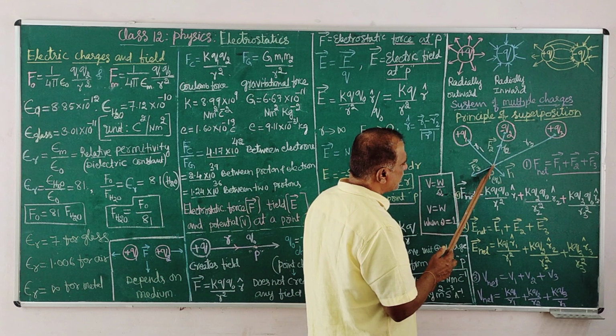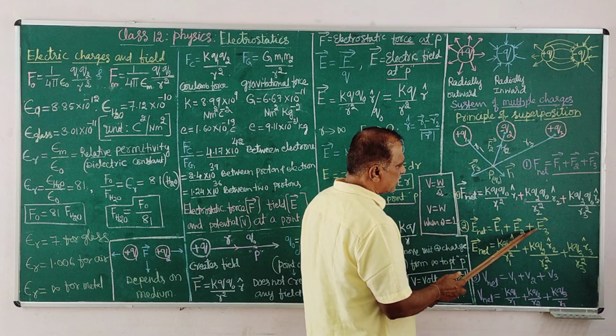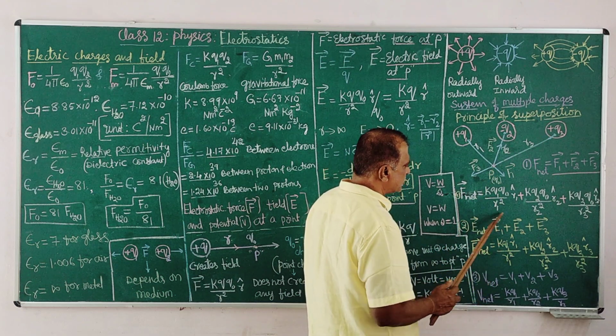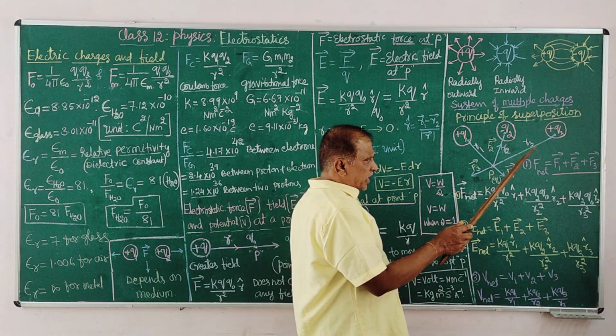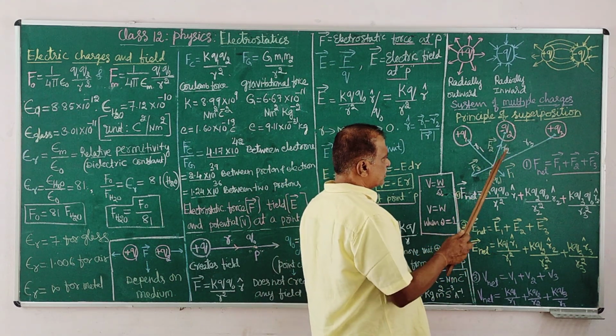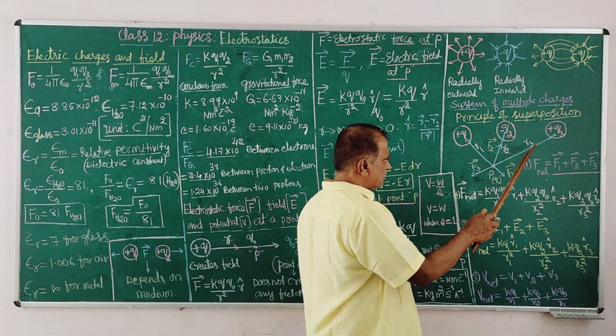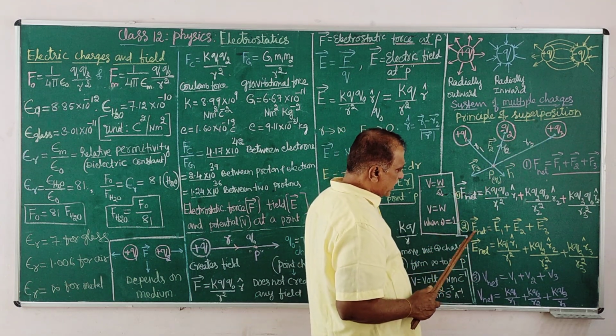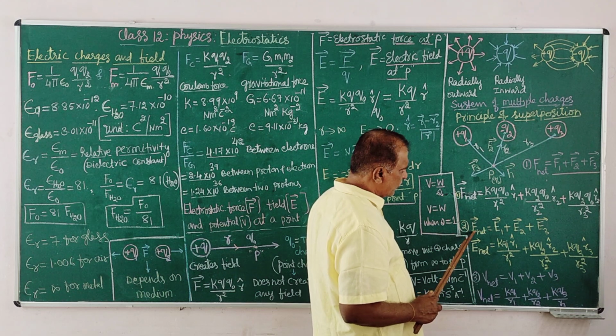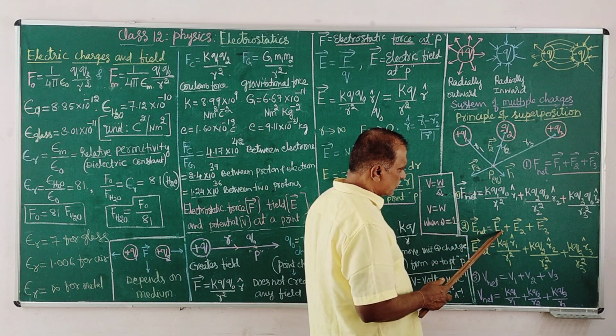The electric field at this point by this charge is E3. That is the vector addition of all these quantities. The directions will be different, like this. So the net or resultant electric field at this point is this.